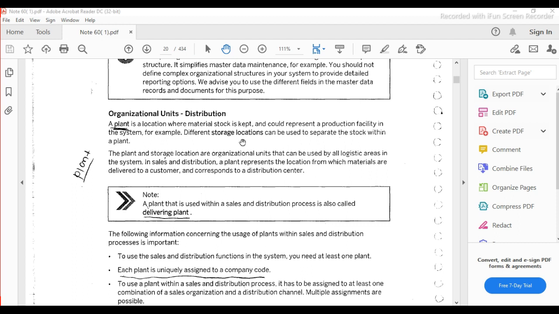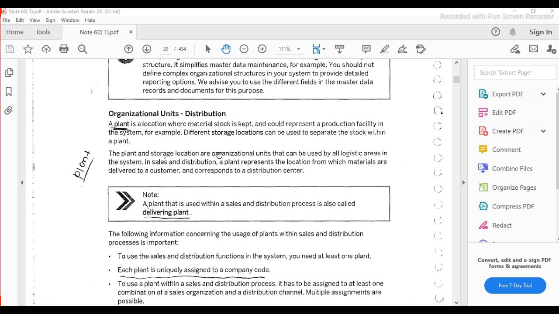There is one storage location for raw material, there can be a separate storage location for semi-finished goods, then we have finished goods with a separate storage location. In order to organize the work, we divide the material into raw material, finished goods, semi-finished goods, whatever the material, and we separate it into storage locations.